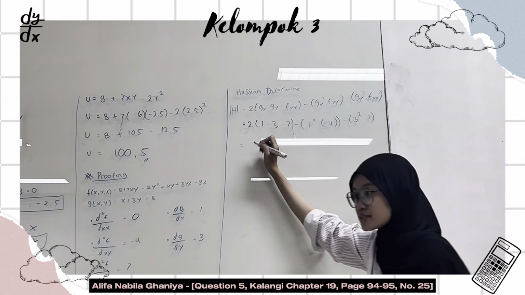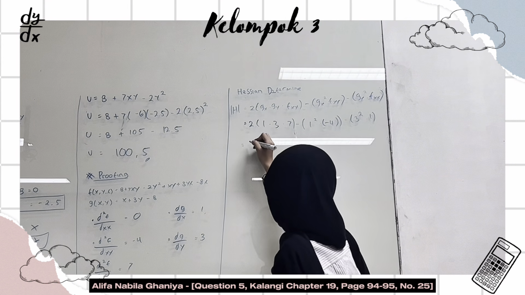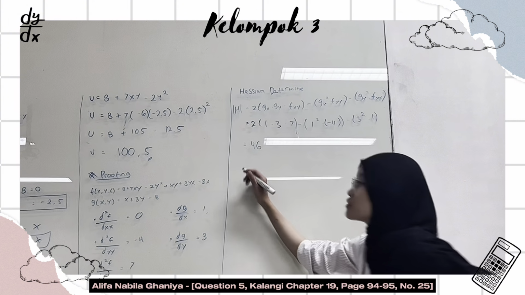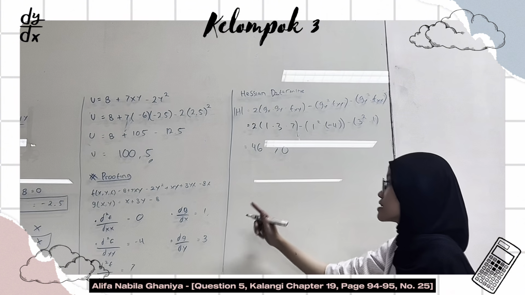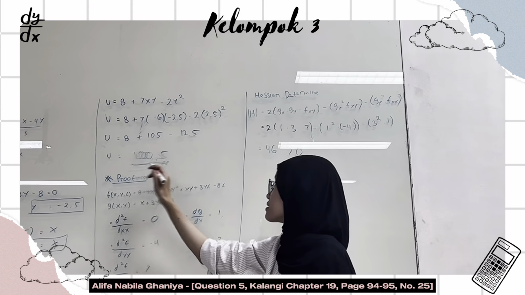The result is 46. As we know, the 46 is more than 0. So, this is the maximum value that approves.